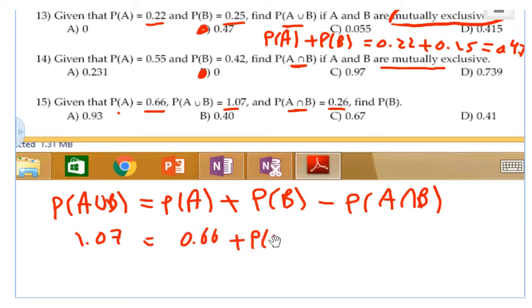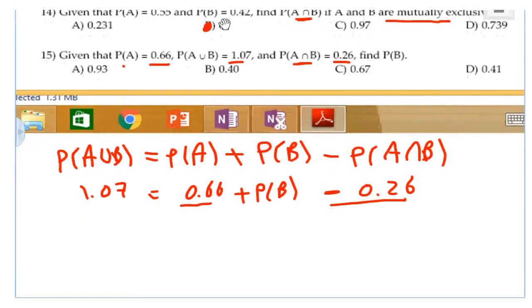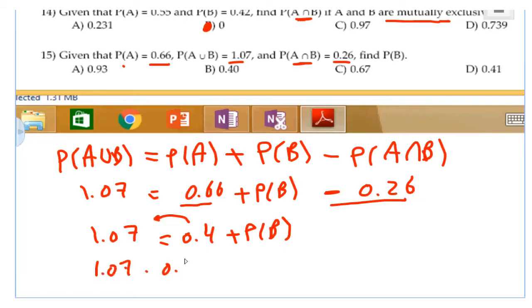Probability of B, I don't know. This is the one I'm looking for. Minus 0.26. Now, what is 0.66 minus 0.26? 0.4. So 0.4 plus the probability of B is equal to 1.07. So 0.4 moves to the other side. 1.07 minus 0.4, which is 0.67, equal to the probability of B. So the answer is C.